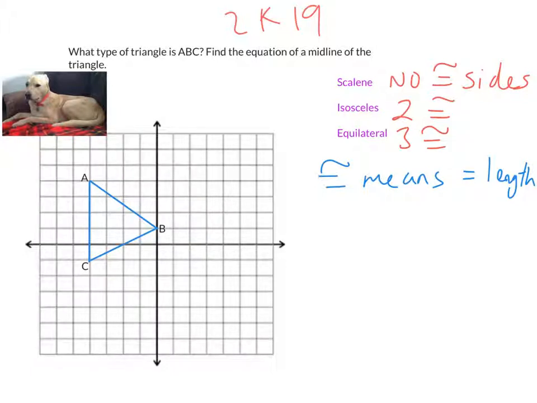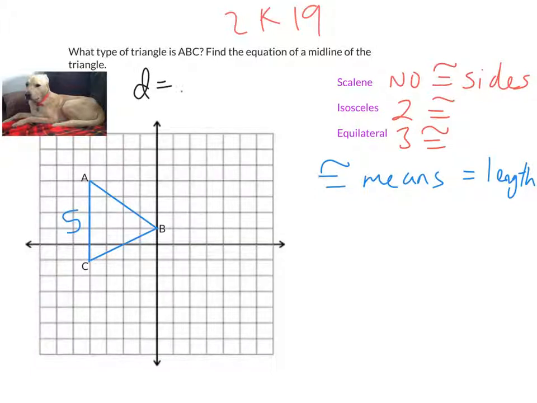Well, I know my length of AC. I can just count that, really. That would be 5. But I can't count out the other ones. So there was actually a formula that we wrote down, that you should have written down. That is our distance formula.